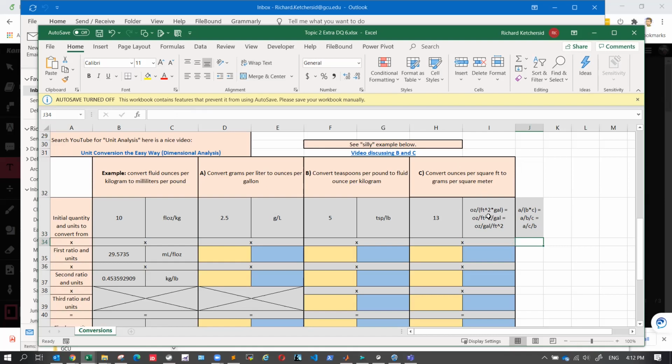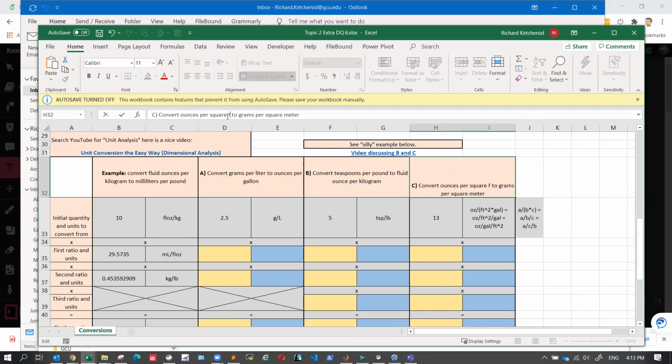And let's say that we're going to convert this weird unit here. I'm just going to write in the units: ounces per feet squared times gallon.